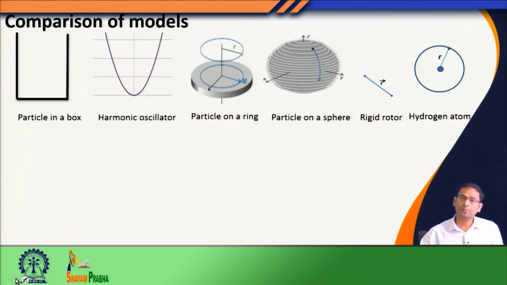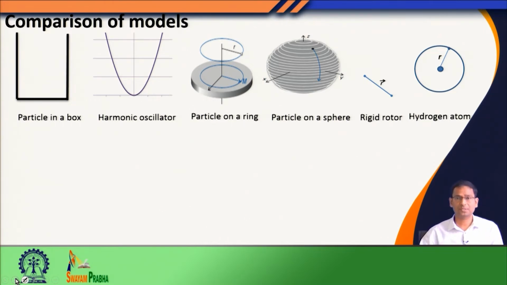We can use the harmonic oscillator model for any system which responds to an external field and then gets disturbed from its equilibrium position, but it goes via this equilibrium position in a to and fro motion. So, in all such cases we can use the harmonic oscillator, but for molecular systems, molecular vibration is an important field where harmonic oscillator solutions are heavily used.